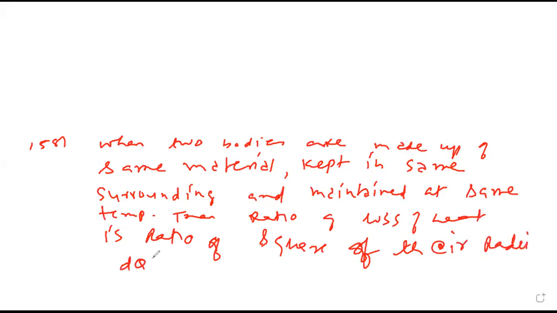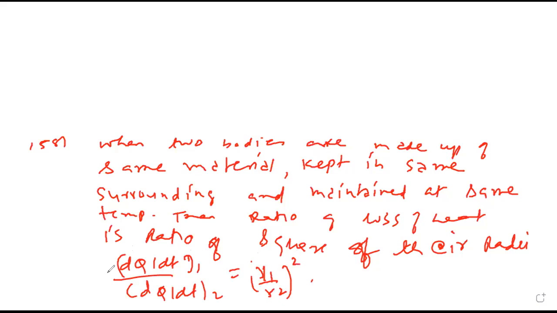That means dQ by dt of first upon second is nothing but radius of first one upon radius of second, squared. So remember this for any MCQs: if everything is the same, then loss of heat is the ratio of the squares of the radii.